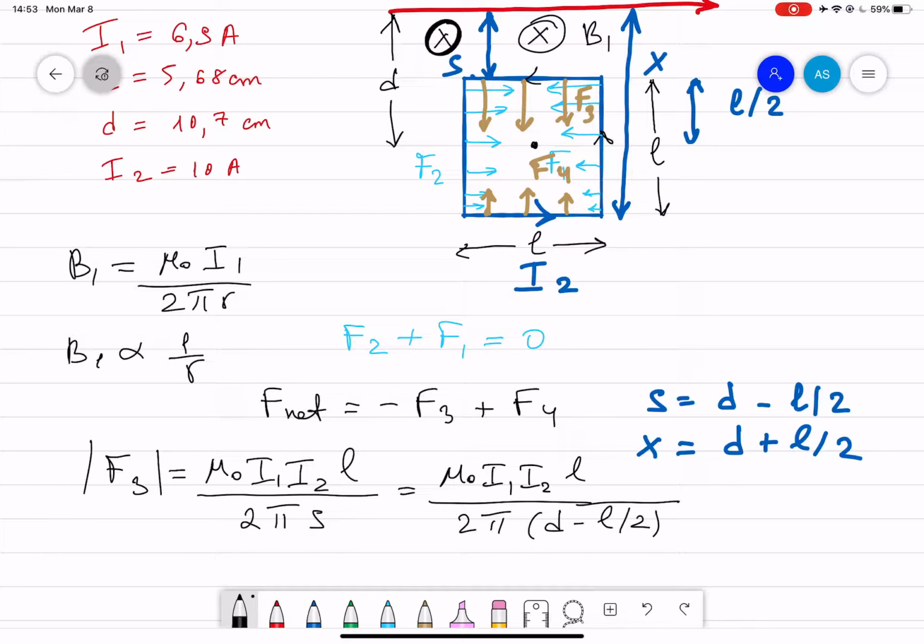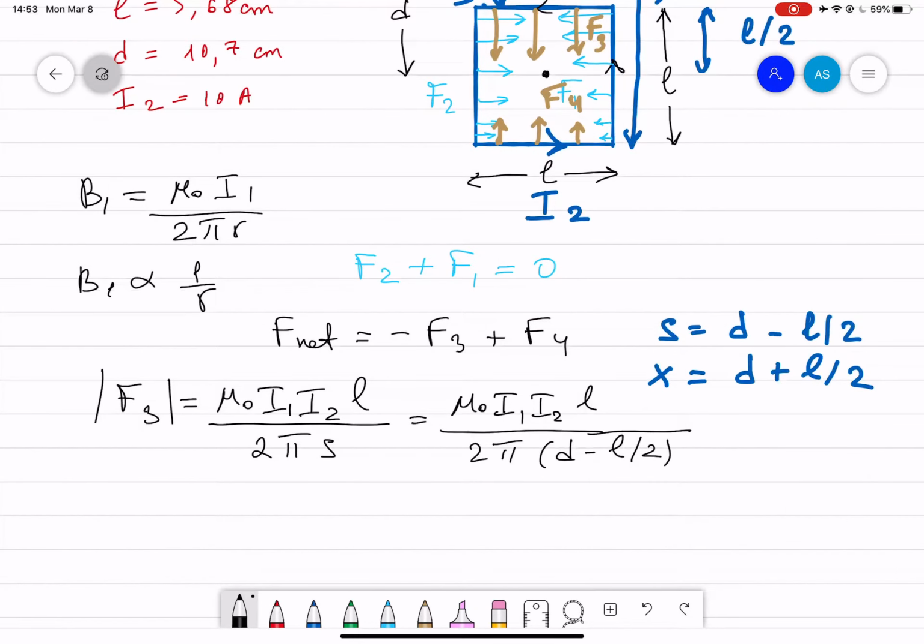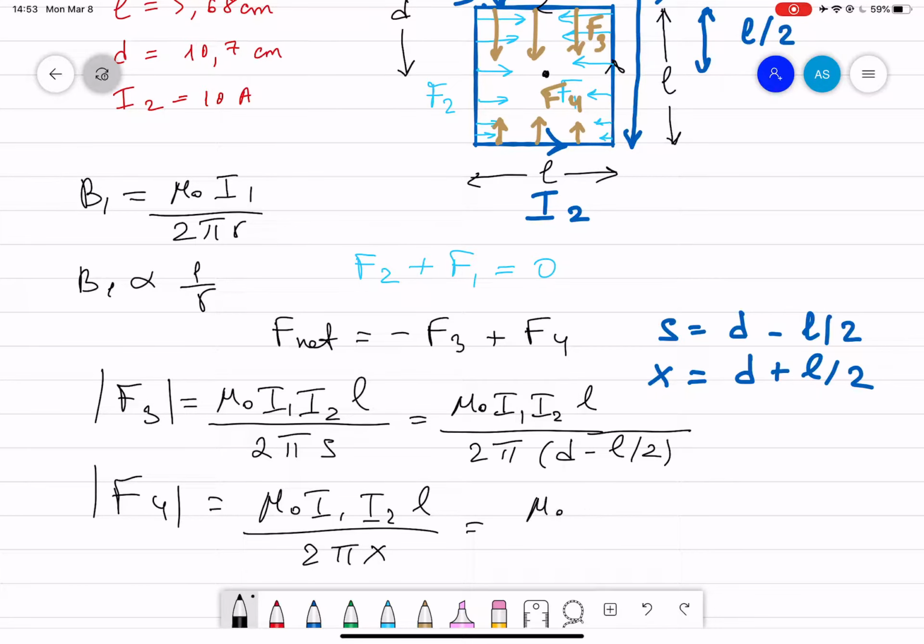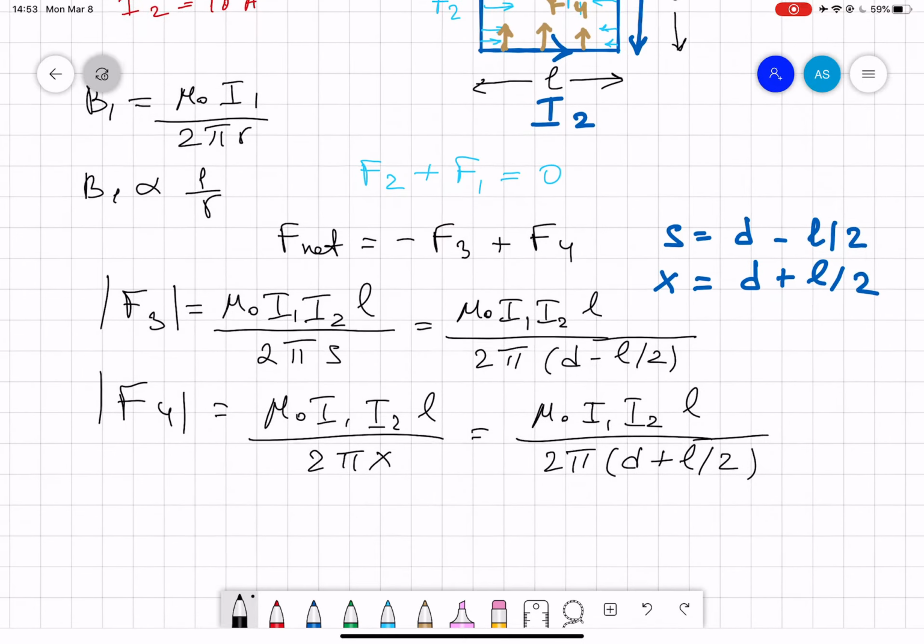Then F4 will be mu naught current 1 current 2 L divided by 2 pi x, or mu naught current 1 current 2 L divided by 2 pi times d plus L over 2. Okay, so that's it.